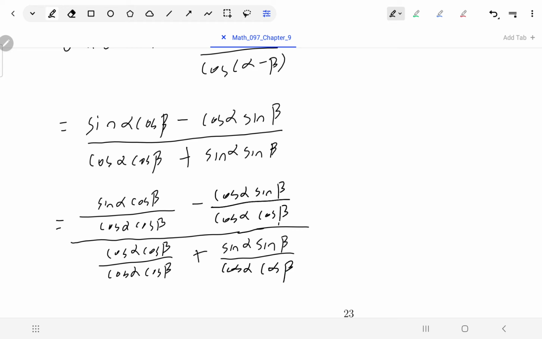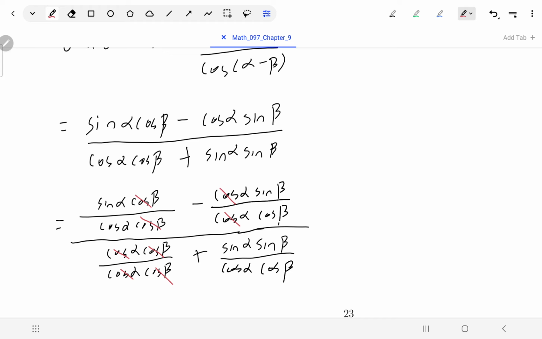Okay, so I've now taken all the four terms, the two terms in the numerator, the two terms in the denominator, and I've divided them all by cos alpha cos beta, and then a bunch of simplifying happens here because in the first term in the numerator, the cos betas cancel, and in the second term in the numerator, the cos alphas cancel, and in the denominator in the first term, the cosine alphas cancel and the cosine betas cancel.